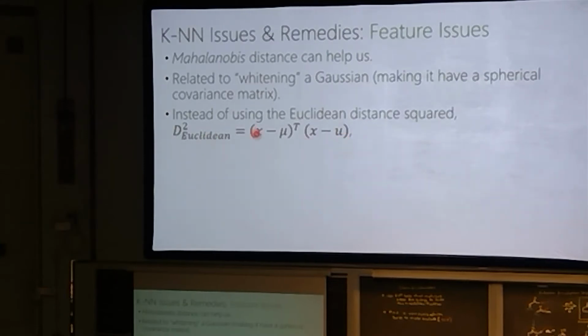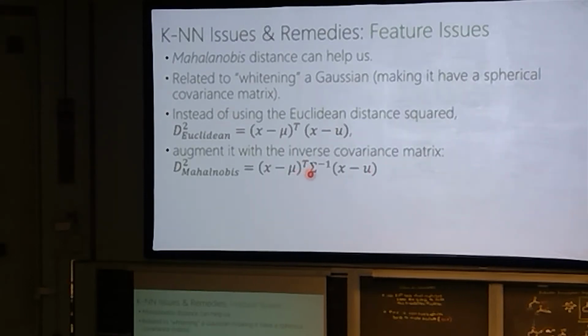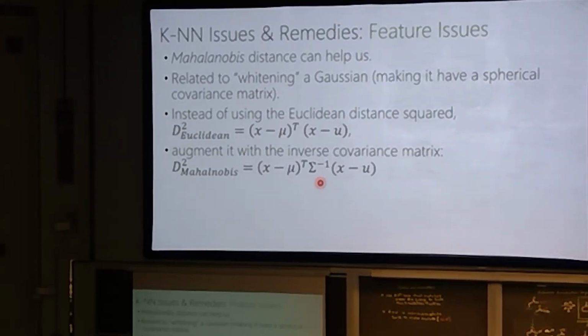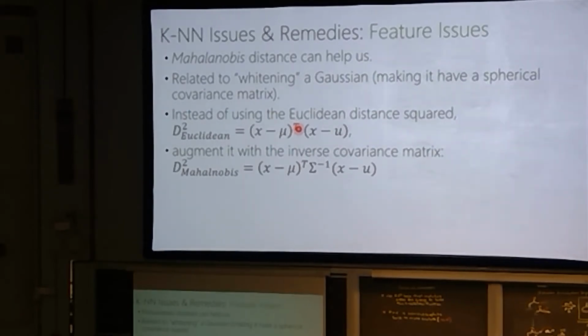Normally, as I said, a default thing to use in k-nearest neighbors might be just the squared Euclidean distance. And what the Mahalanobis distance does is essentially take the inverse covariance matrix and slap it in there, in a similar manner to the diagonalization you saw in the first half of the course. The effect of this is that if you imagine you had two features that were identical, then in the Euclidean distance it's going to get double counted.